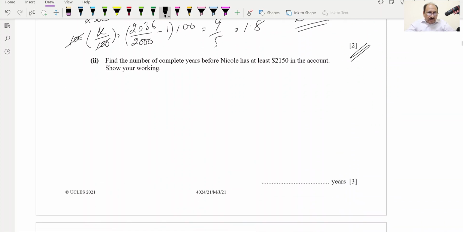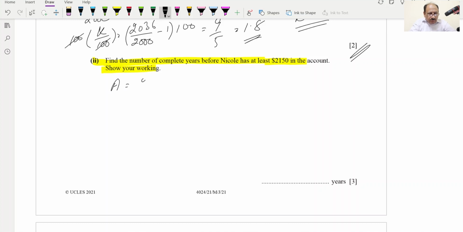Hopefully you understood this. Now for the second part, the number of complete years before Nicole has at least this many dollars in the account. Show your working. So now we have the rate, which is 1.8, we just calculated. Again we'll be using the same compound interest formula.